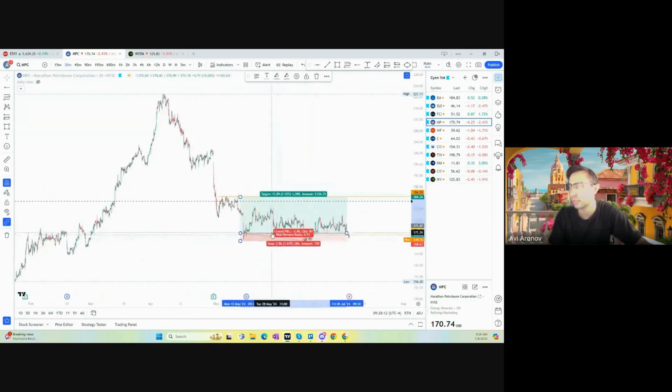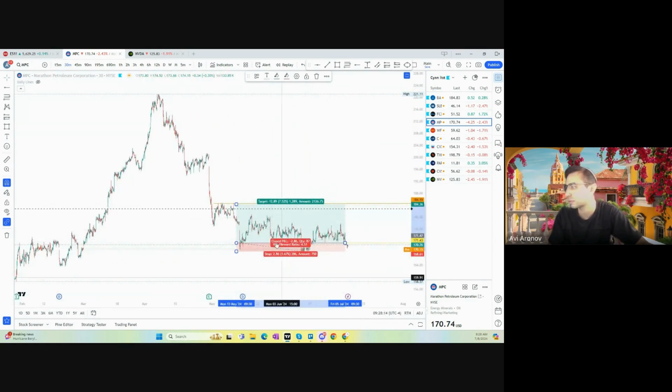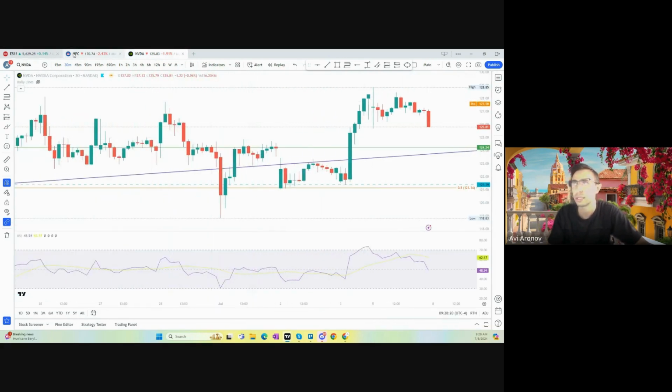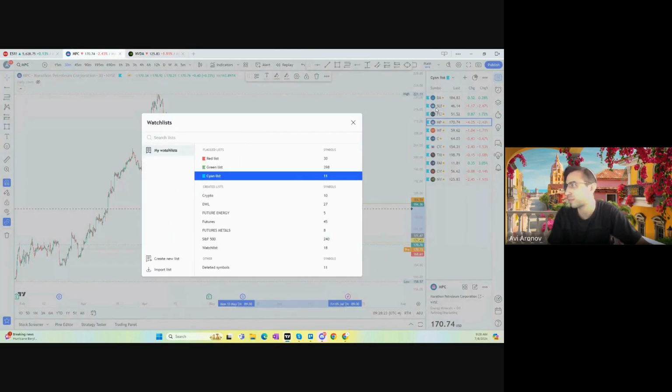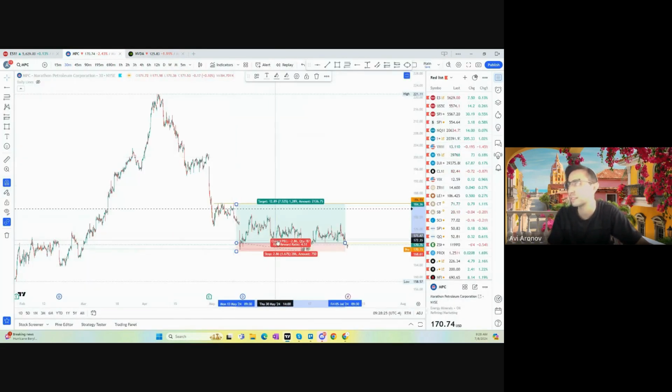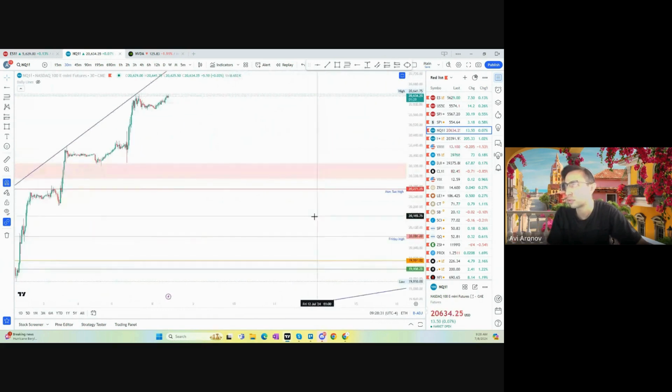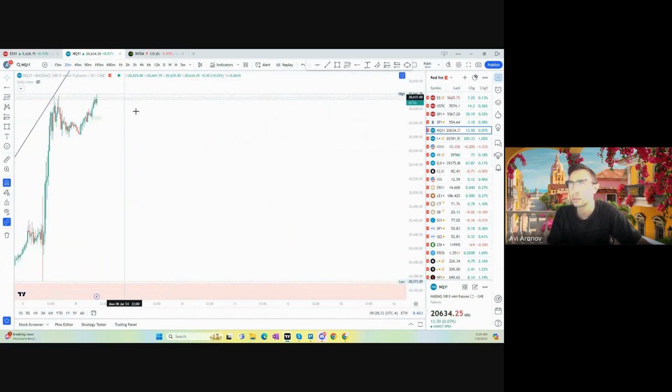So I was scaling out as it was going here, and that's the important part, that you scale out of a position as you have it move in your favor. Otherwise, you're not going to be as profitable on it. So, okay, we have this one.